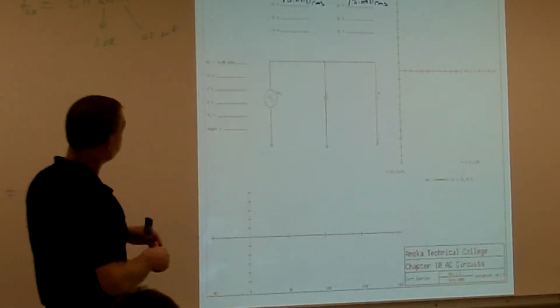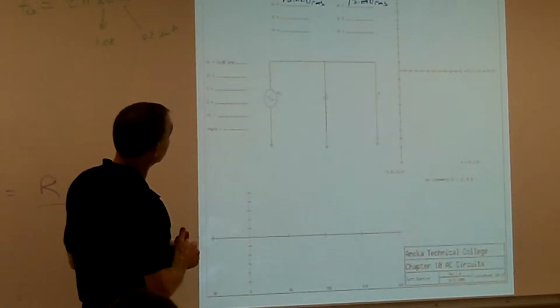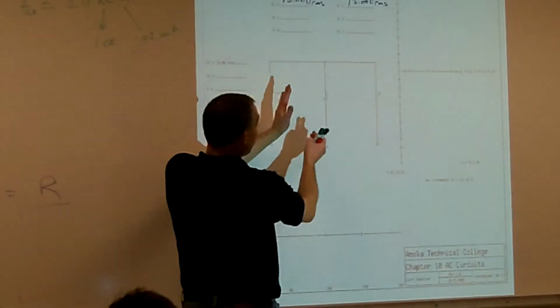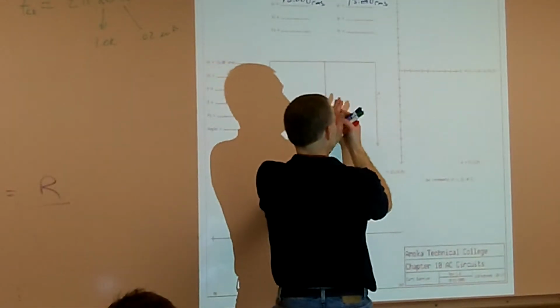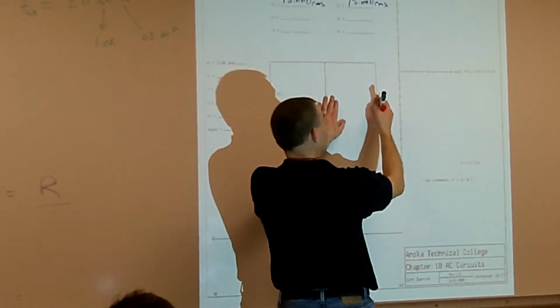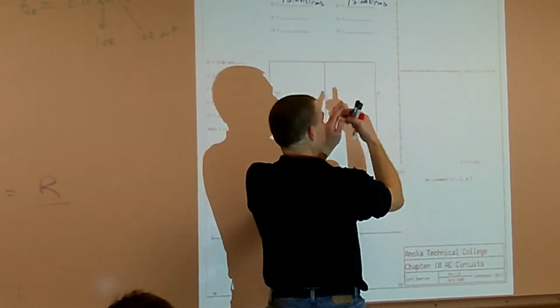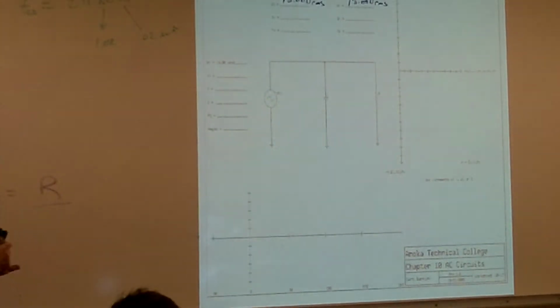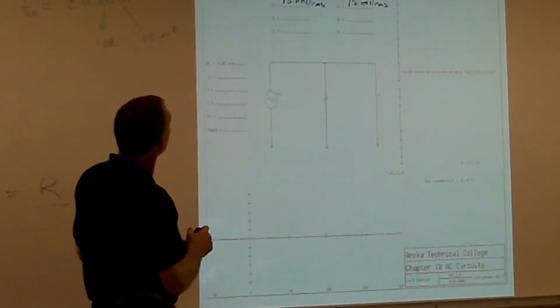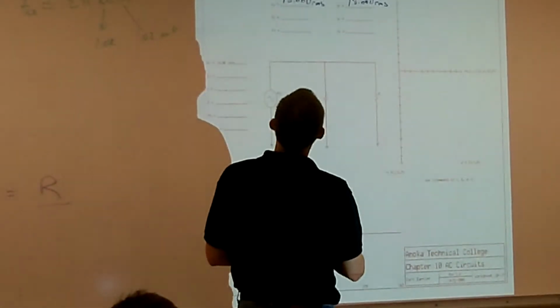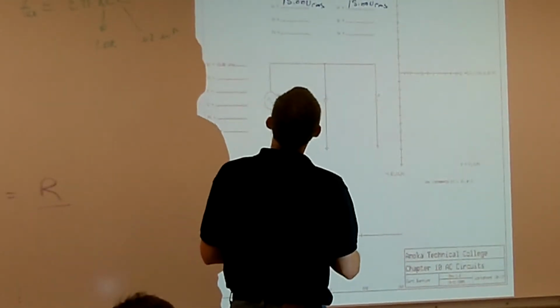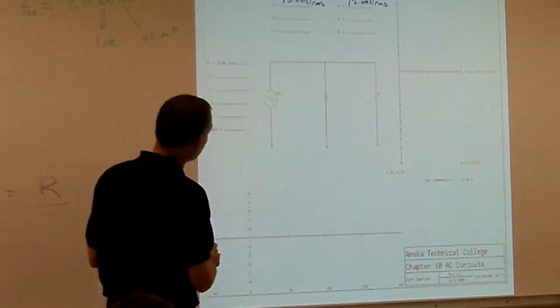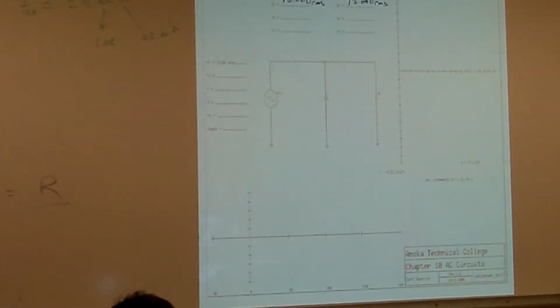All right, so we know that as I add more resistance into a parallel circuit, it becomes more conductive, right? So we have to convert everything into conductance also. Our first step is to convert everything into conductance.